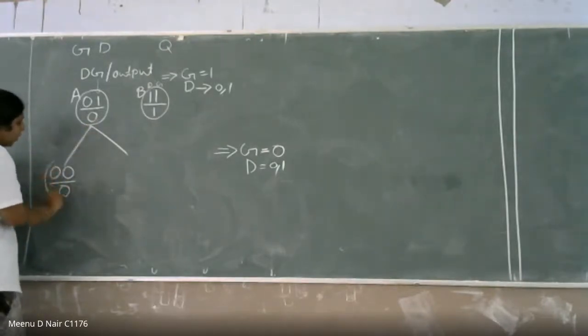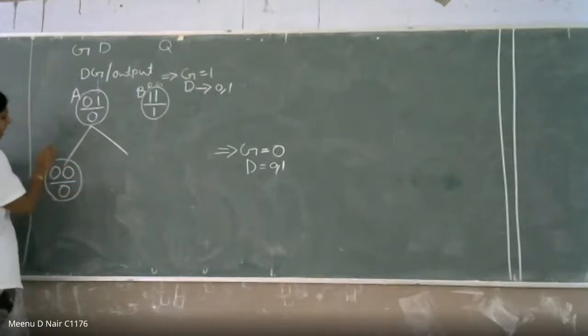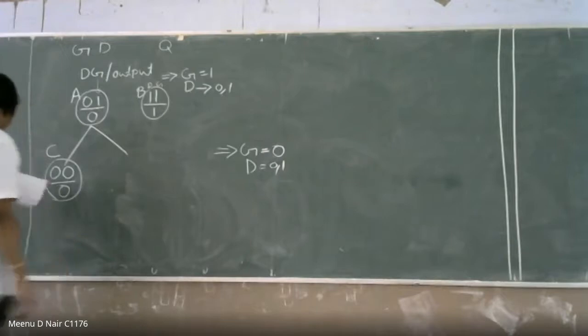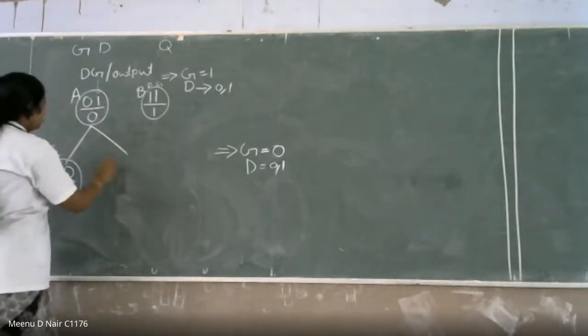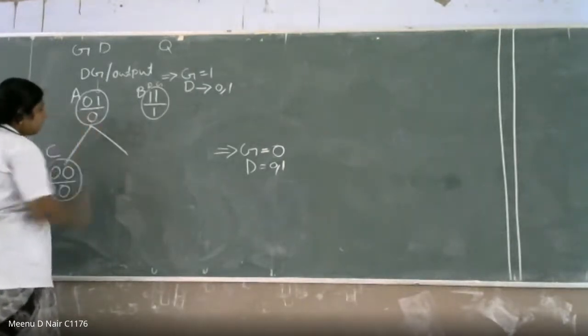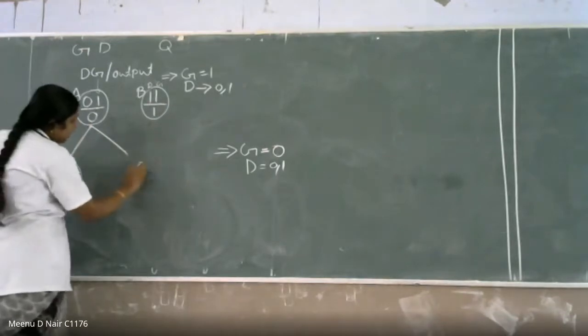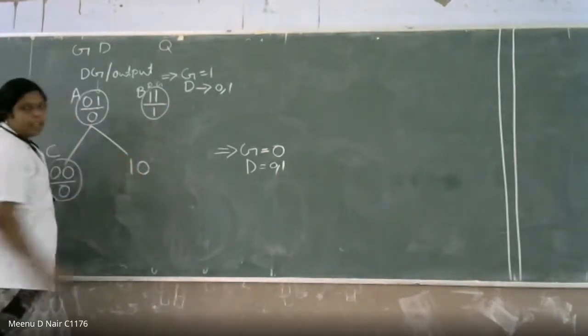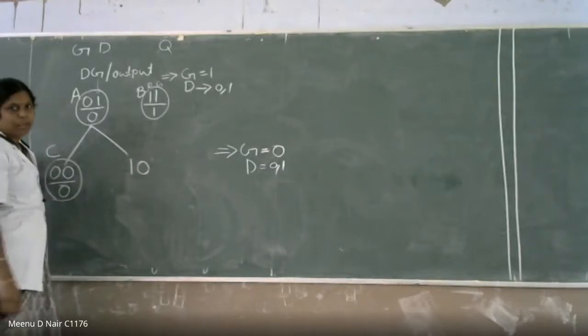You can name this condition as C: 0, 0, 0. Then what is the next one? Again, from this condition, you are considering G equal to 0 and D equal to 1.